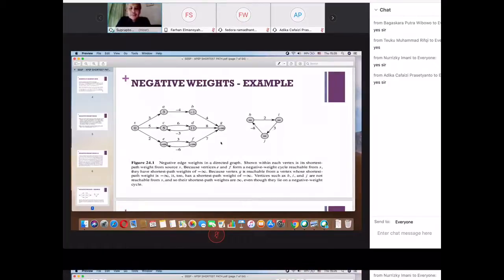Remember that the weight of the path is the summation of the weight of each edge in the path. The cycle is just a closed path, because the initial vertex is the same as the final vertex. Okay, what about Safe? Is there any negative weight cycle among these 3?